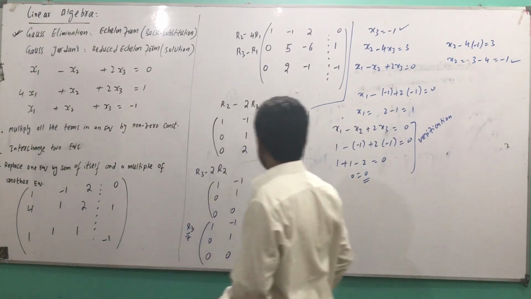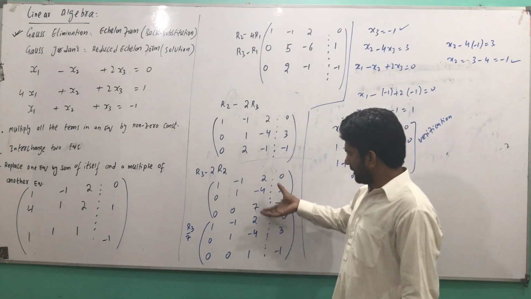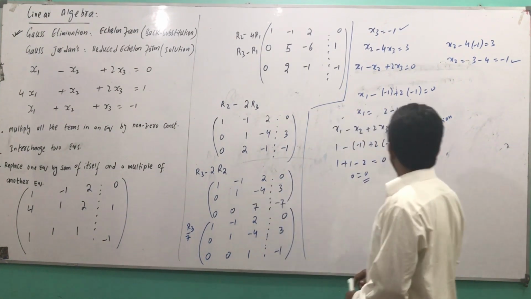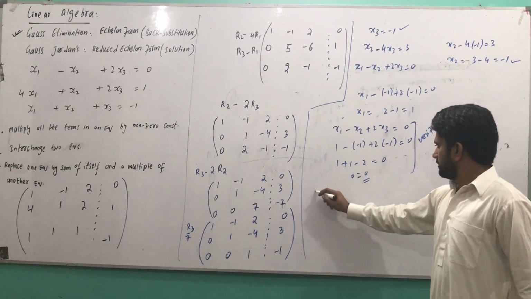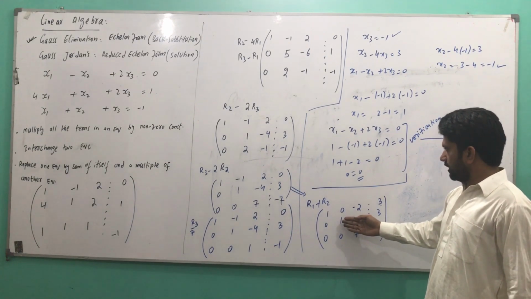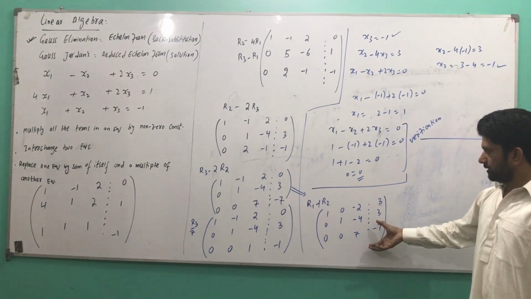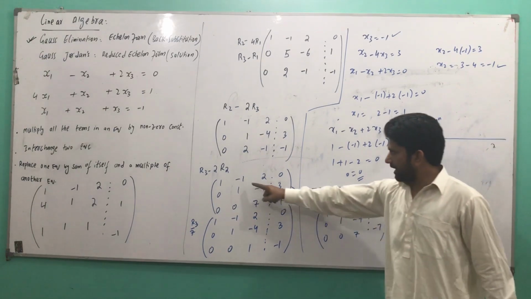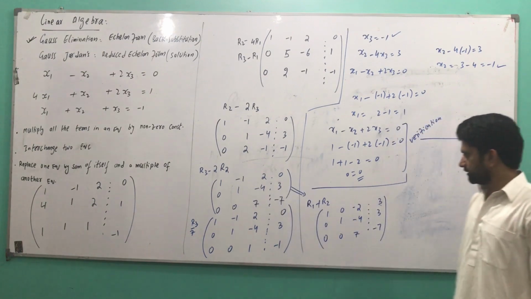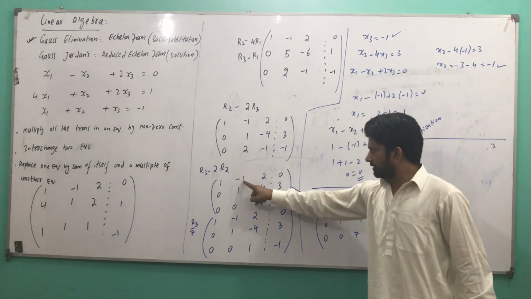What will it do? When you reach this step, you have to convert this into 0. So we are doing Gauss-Jordan. You just write this matrix here, and you have 0 here, and this must be 1, and these two must be zeros. So R1 plus R2, this will be 0.